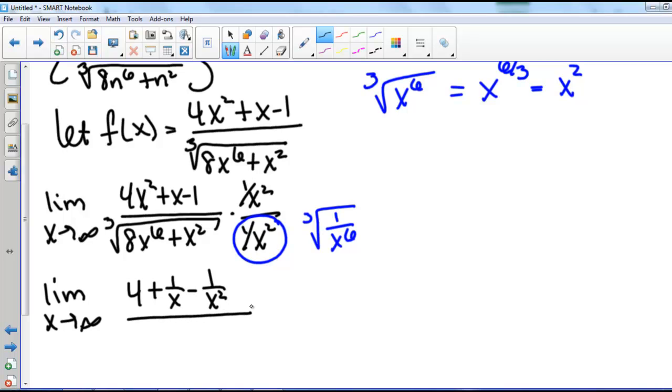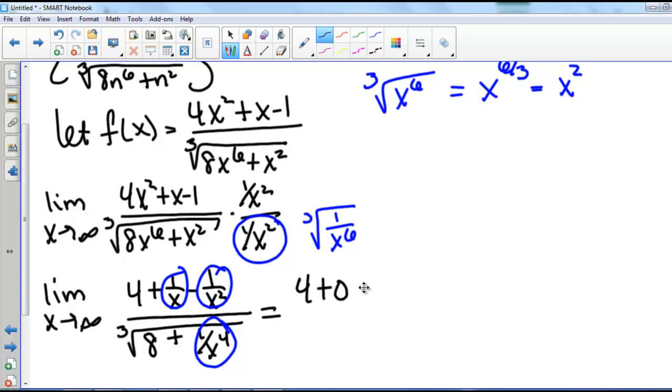over the cubed root of 8 plus 1 over x to the 4th. When we take the limit as x goes to infinity, these terms all go to 0. So we have 4 plus 0 minus 0 over the cubed root of 8 plus 0.